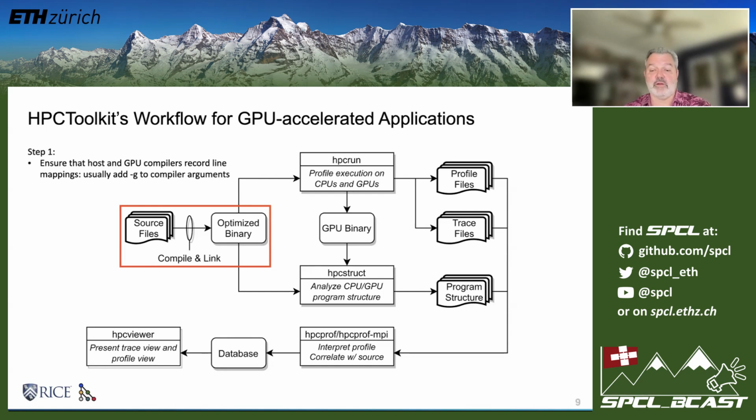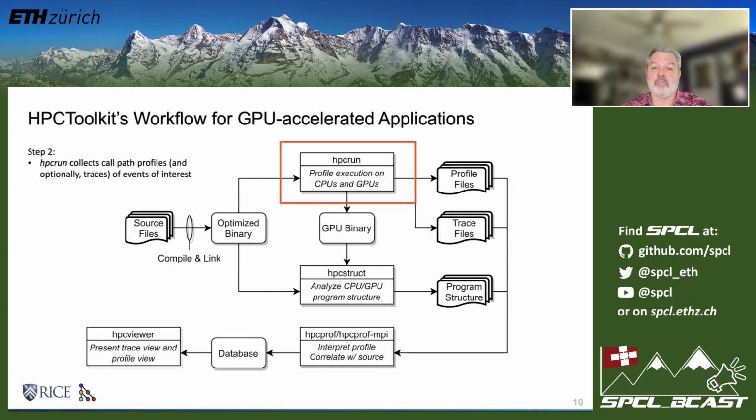This may require you to tweak your makefiles to make sure that in addition to optimizing your code, you're also having the compiler record these mappings. Otherwise, we don't need it to collect performance information. But if you want to understand performance information at more than the routine level, you need to have -g in your makefiles.